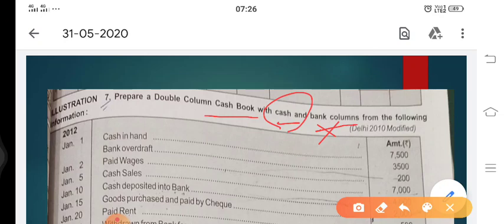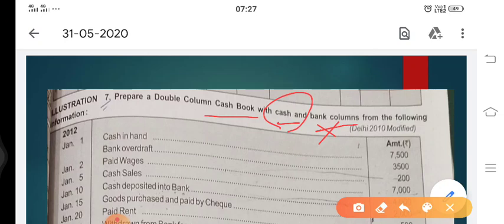Right? So, in the beginning of this chapter, we already discussed that cash book is prepared on two bases. The first one is single column cash book in which only cash transactions are recorded. The second is double column cash book in which all the transactions taking place in monetary values, either the payment made through bank or cash, both need to be recorded.